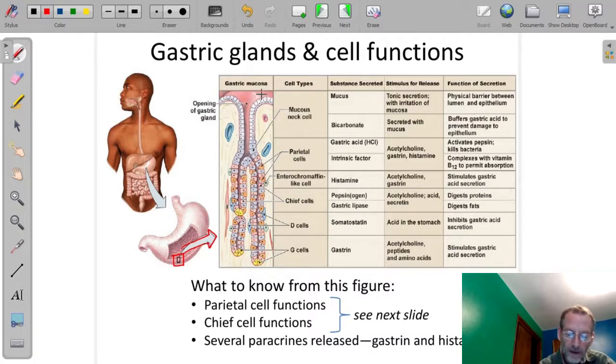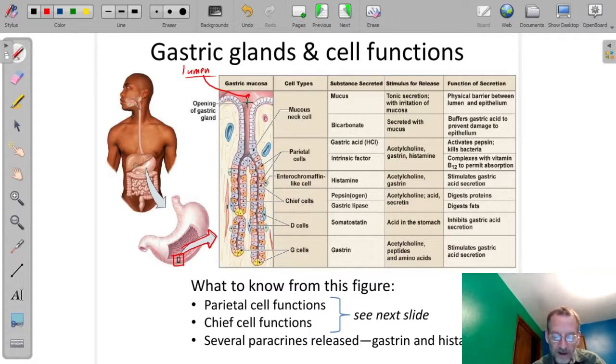At the top of the figure is the opening down into one of these pits, and the lumen of the stomach would be here. So the inner surface, the food, mucus, material, liquid, is up at the top of the figure.